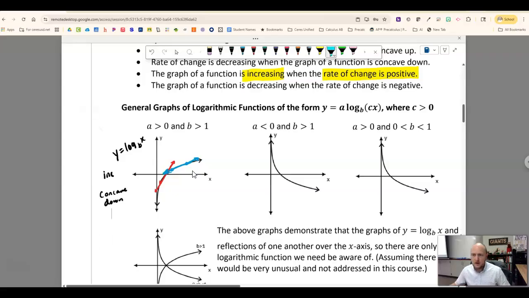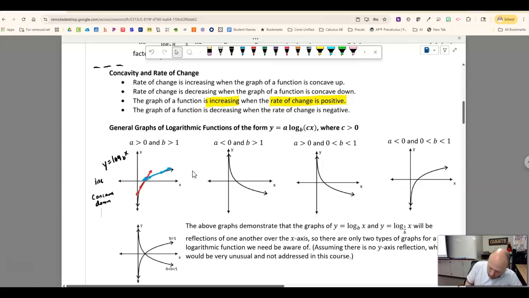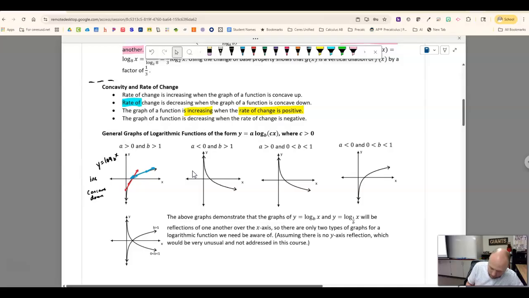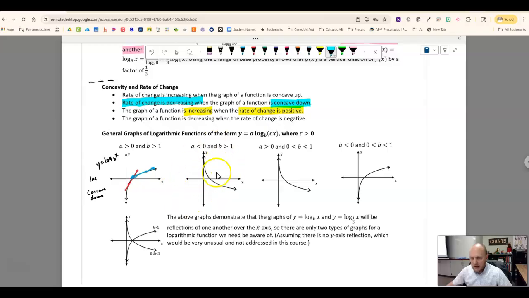Okay, so very important to understand this, that when your rate of change is decreasing, a graph or a function is concave down. Okay, now let's go ahead and look at the reflection of this. So here is a graph, and this average rate of change from here to here is negative.